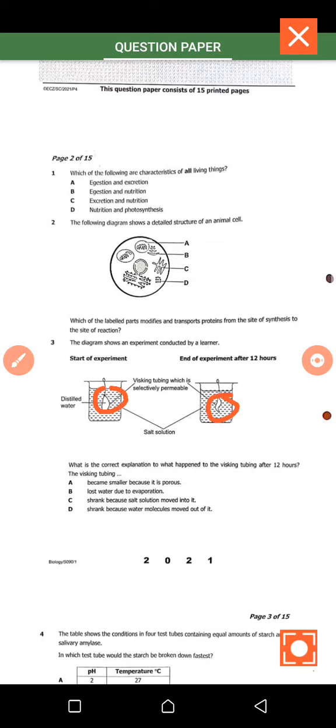A whisking tube is a semi-permeable membrane. If it is placed in a salt solution and it contains distilled water, water will start moving from the whisking tube into the salt solution. So the correct answer here is that it shrank because water molecules moved out of it, making the answer D.